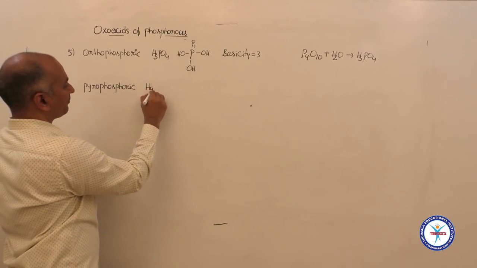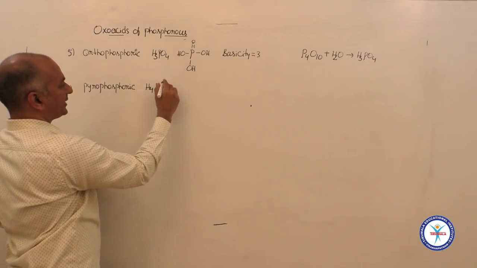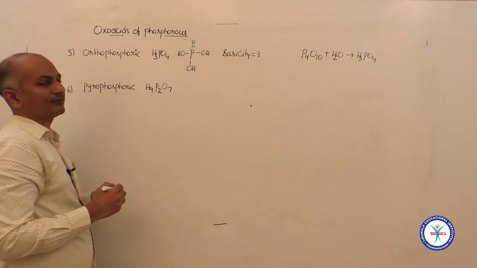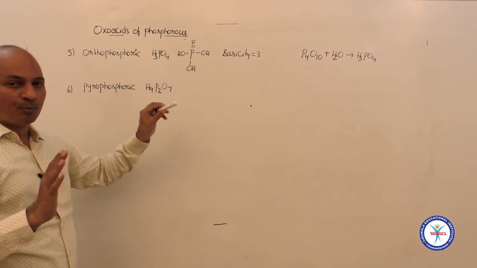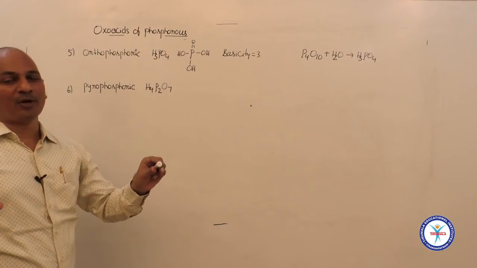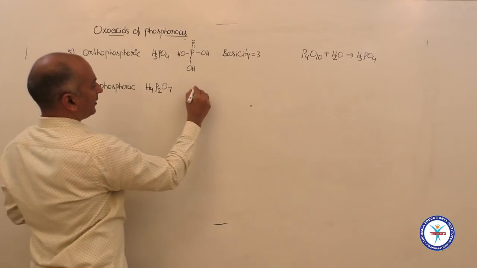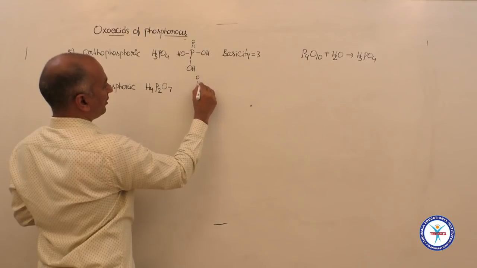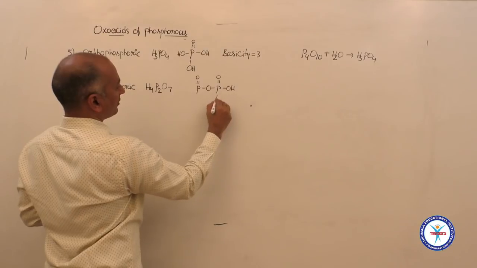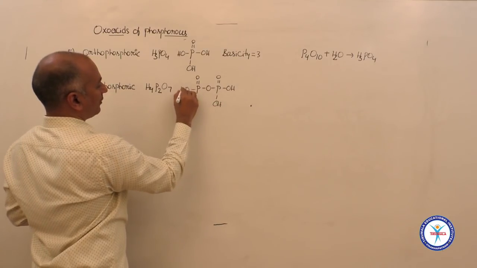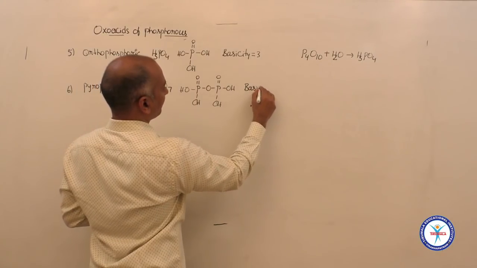So H4, 6 minus 2, P2, 8 minus 1, O7. 2 molecules of H3PO4, or you can say 2 moles of H3PO4, remove 1 mole of water, you will get pyrophosphoric acid, H4P2O7. And its structure is P double bond O, O, P double bond O, OH, OH, OH and OH. And its basicity is 4.